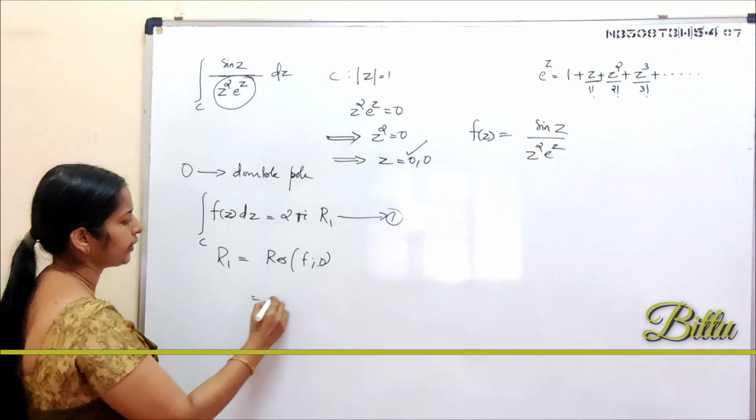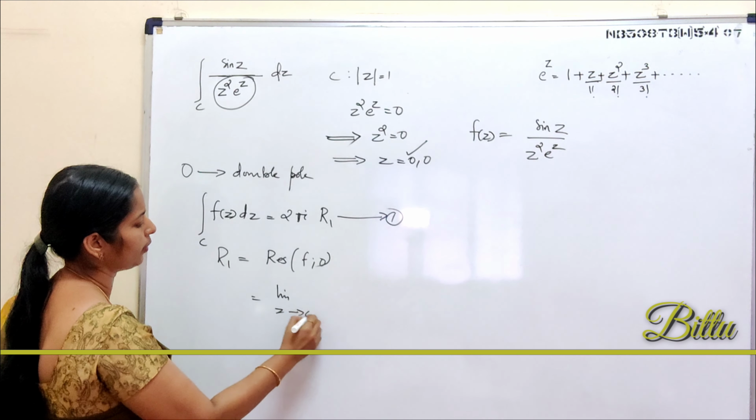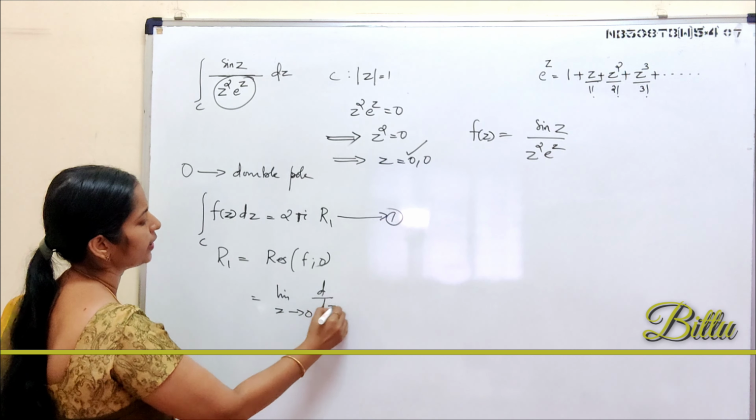So R1 is limit z tends to 0, first derivative of z square into f z. That is limit z tends to 0, d by dz of, when you substitute f z, z square will cancel. So d by dz of sin z by e raised to z. It's a quotient, so you have to apply the quotient rule for finding its derivative.